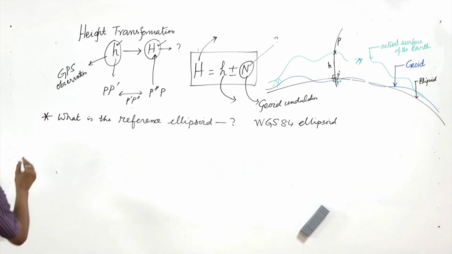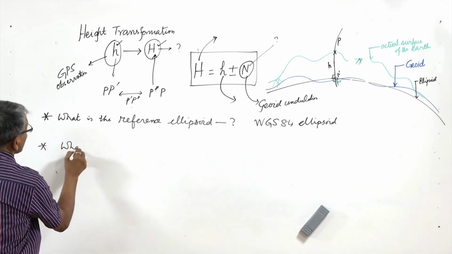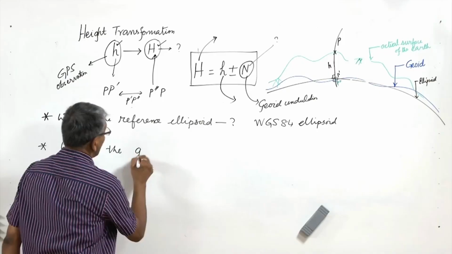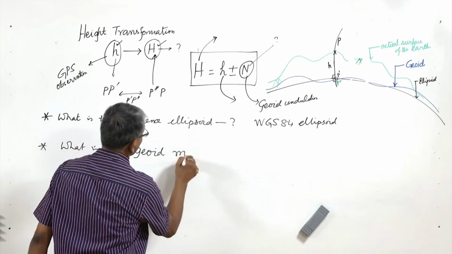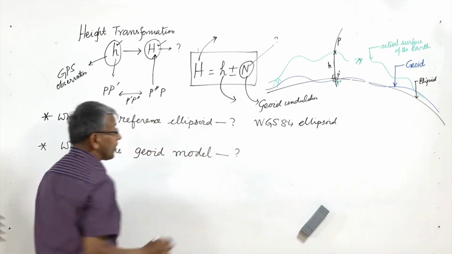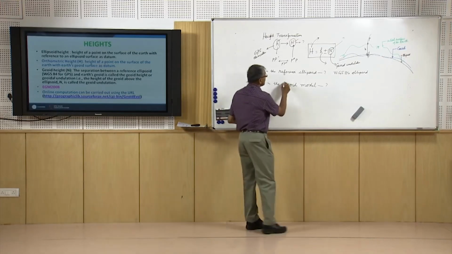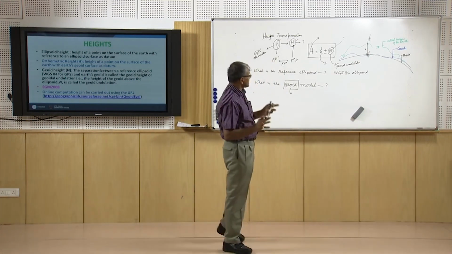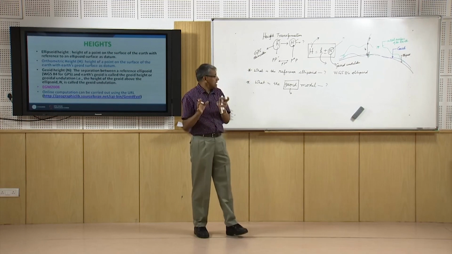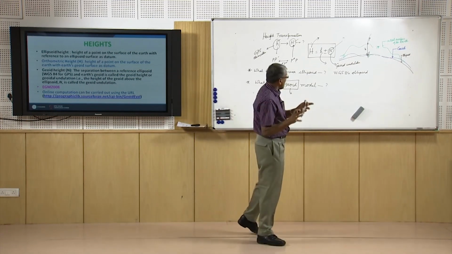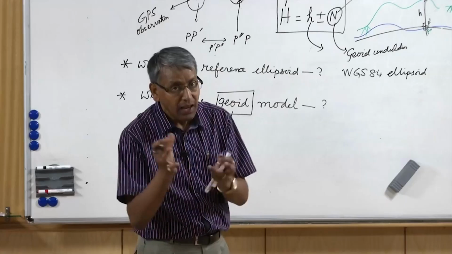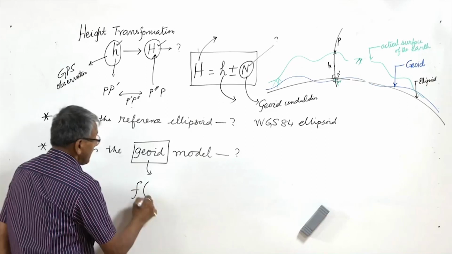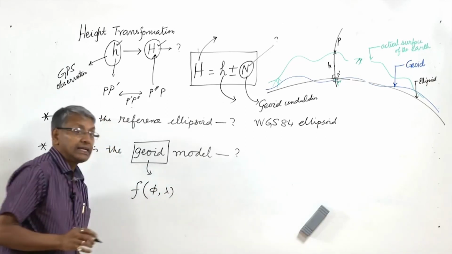and the next thing you need to know is the geoid model. Because you have already defined the geoid as the equipotential surface which best approximates the mean sea level of the earth. That is represented by a mathematical model, a mathematical function of latitude and longitude.